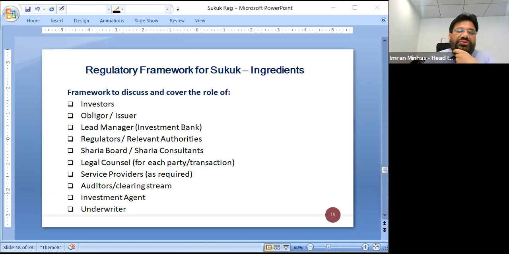And if you wish to add underwriters, in which form do you wish to place it, for public offer or for private placements? If you offer the Sukuk to the public or for private placements, you need to have an underwriter.